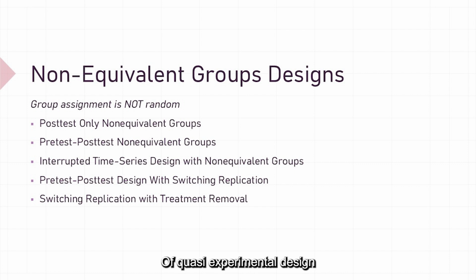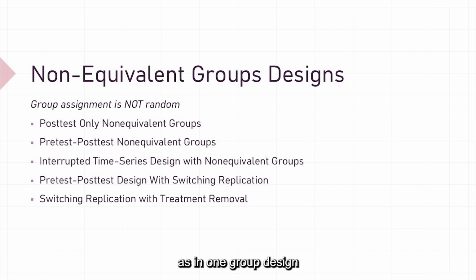The next type of quasi-experimental design is the non-equivalent groups design. When we assign our participants into groups without using randomization, then we cannot say that those groups are equivalent to each other. This is why this type of design is called non-equivalent group design. The first type is the post-test only non-equivalent group design.